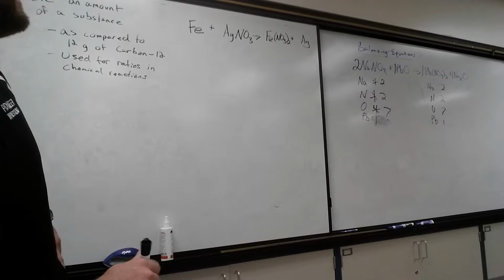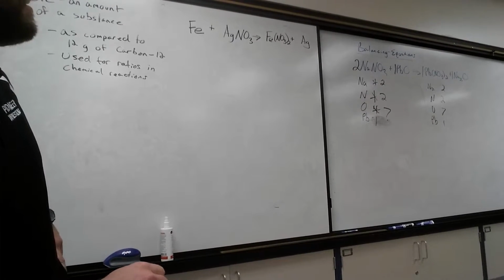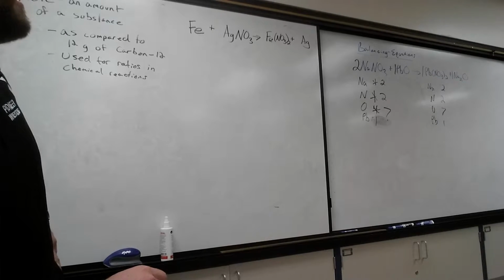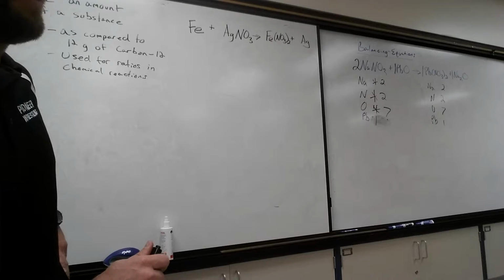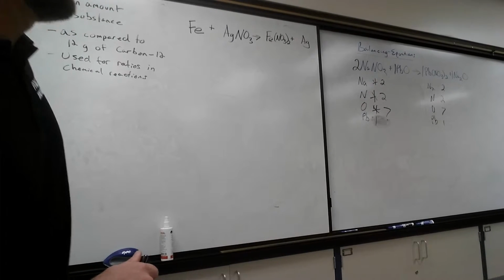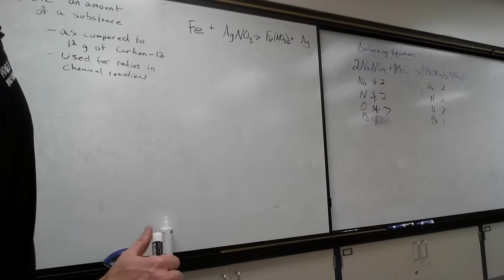Iron plus silver nitrate yields iron nitrate times 2 plus silver. Nope, just iron nitrate. You don't need to say times 2 plus silver. And we should know they are transition metals, but you don't know those off the top of your head, so that's fine. So iron plus silver nitrate yields iron nitrate plus silver.